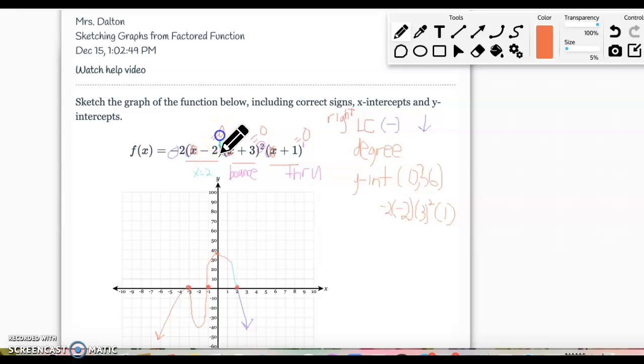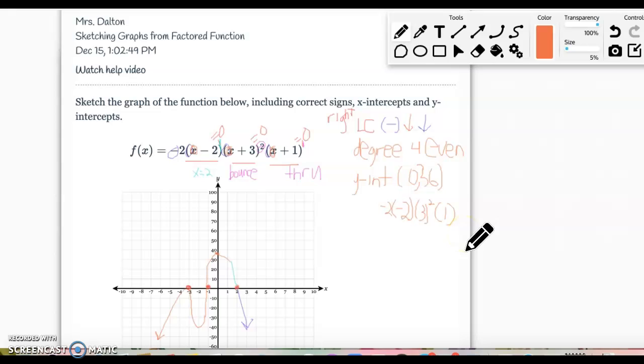You've got 1, then you've got a 2, so 1 plus 2 is 3, then you've got another 1, which is 4, so that would be a degree of 4, which is even. And remember, even makes the left side do the same thing, and so the left side's going to go down. And you can see from your graph that that's what happened as well.